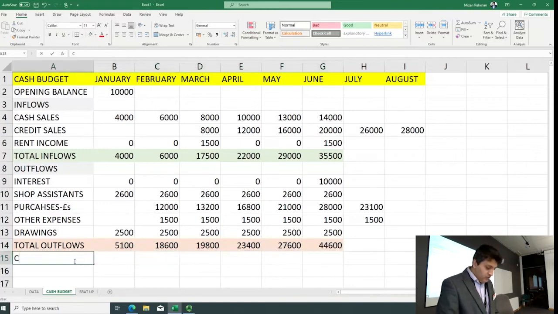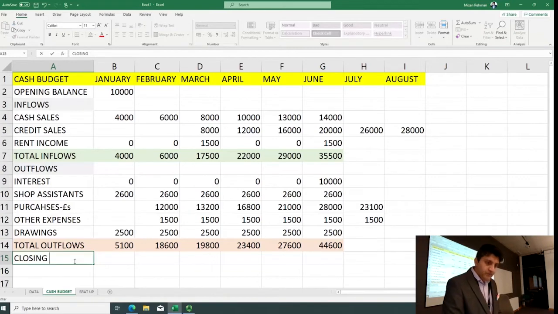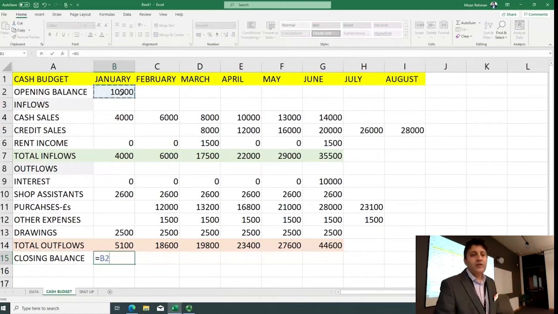And this leads me to my fourth element of the cash budget, balance, which will be my opening balance plus inflows minus outflows.